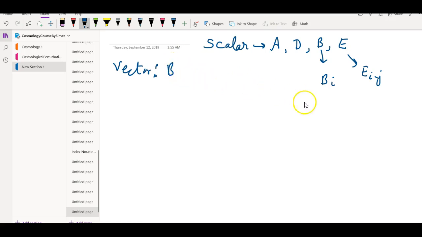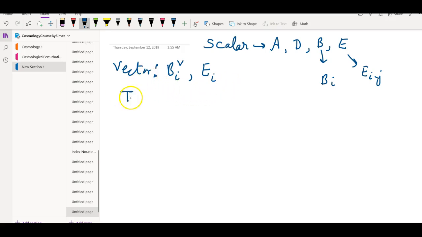which is the leftover part of bi after you extract b from bi, and that is a divergence free part of bi. So bi, you can say v, and then we extract another divergence free vector from eij, we can call it ei.